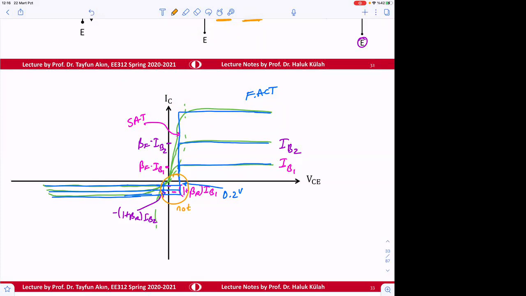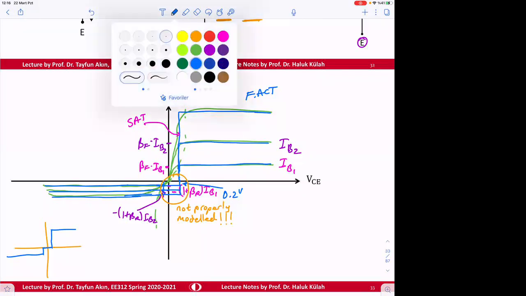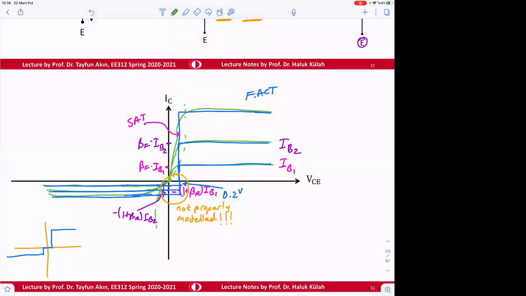And then this region is not properly modeled. Okay, because in the correct operation, I mean, in the modeling, maybe we should have done this one here, and then here, and then here. But for the things that we already did, what we did was we connected this, okay?